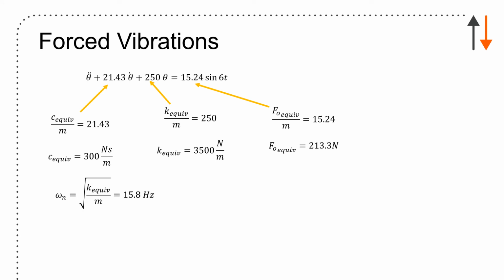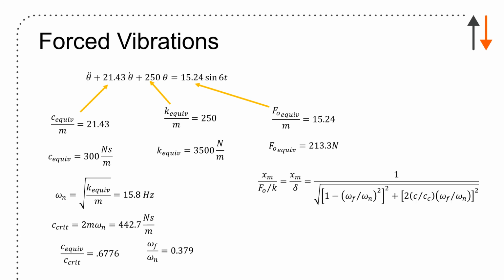My natural frequency for the system is square root of K over M, and that's 15.8 hertz. My critical value, twice m omega n, is 442.7 newton seconds per meter, and my equivalent over critical is 0.67 or 0.68. And my omega forcing over omega natural is 0.379.